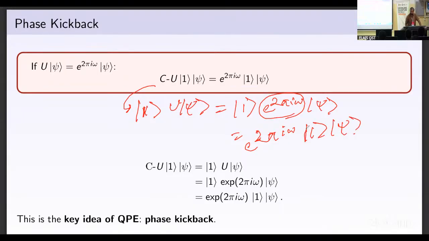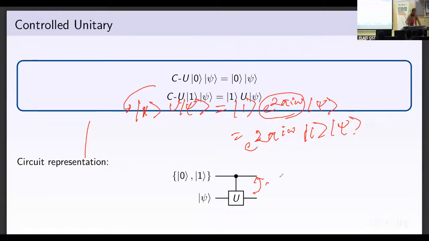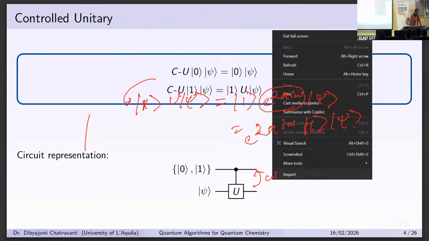So this is what is called a phase kickback. The omega phase no longer stays in the second qubit. The phase, which is the eigenvalue of the state of the unitary operator U, moves to the control qubit.